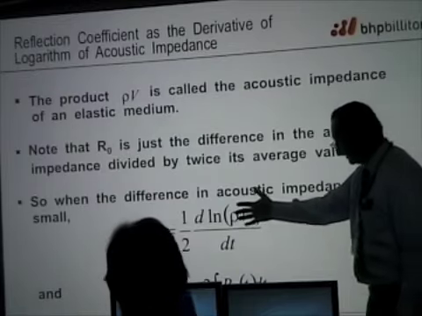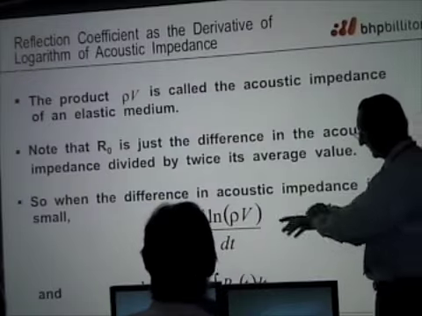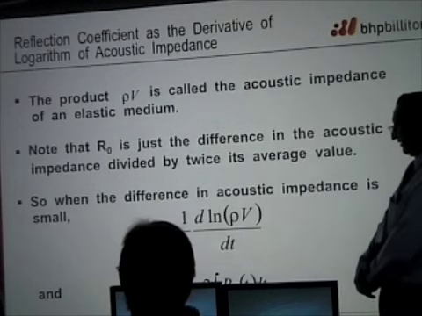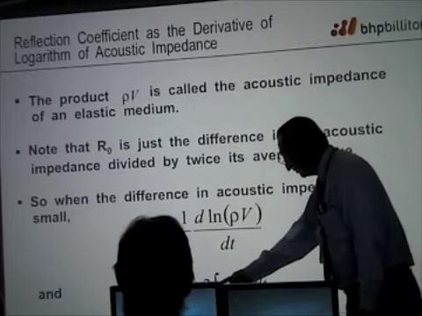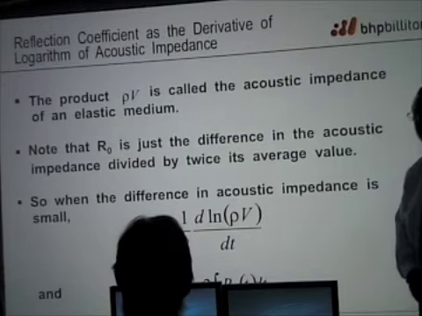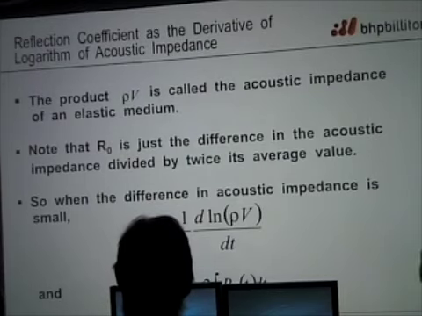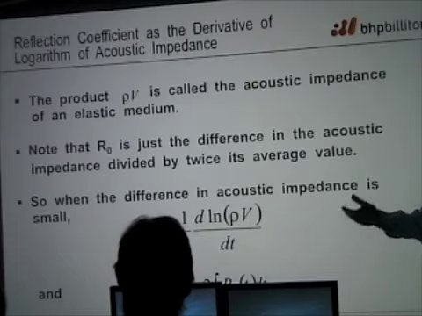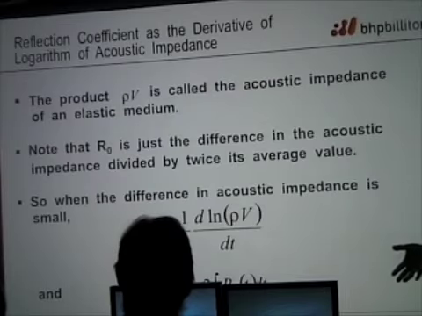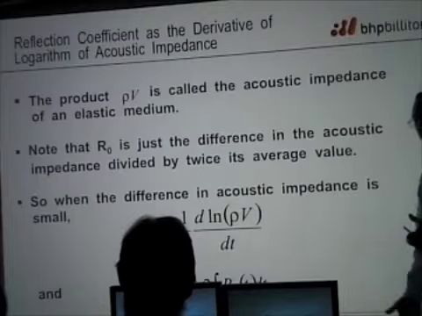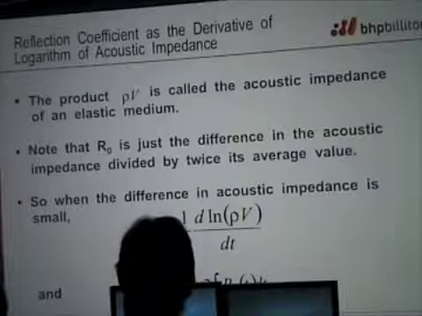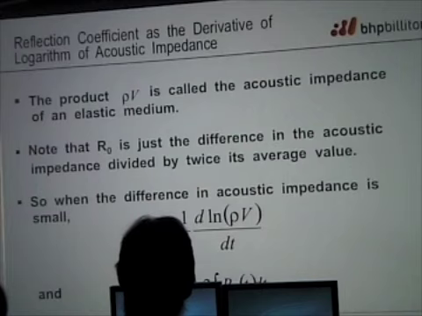So if I integrate both sides of this expression, I flip it around, but if I integrate it, what do I have? I have the logarithm of rho v is equal to 2 times the integral of the reflectivity. So if I have a seismic trace and I processed it and simply gotten reflection coefficients out of it, I mean processed it to where all I have left are reflection events, and their amplitudes are proportional to the reflection coefficients at the rock interfaces in the subsurface, then when I integrate the trace or run sum it, what is an integration?